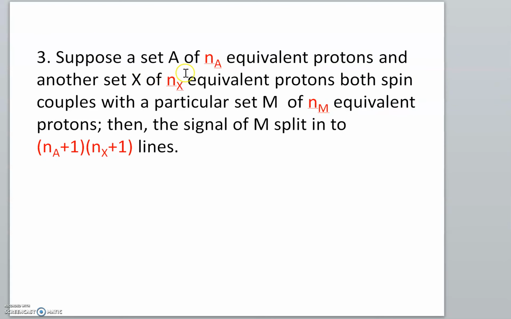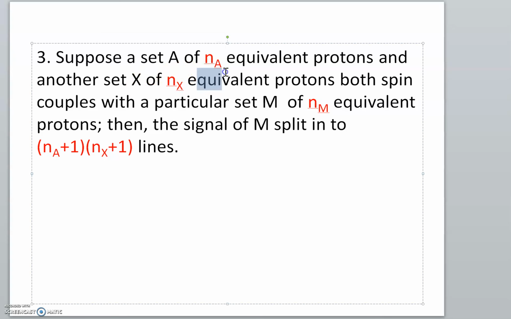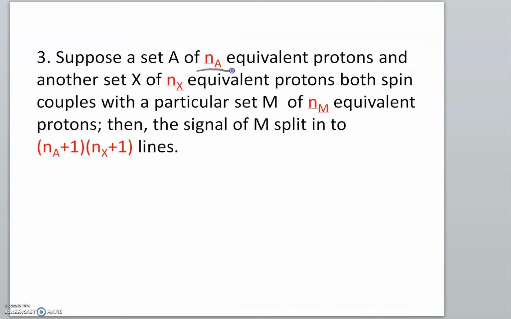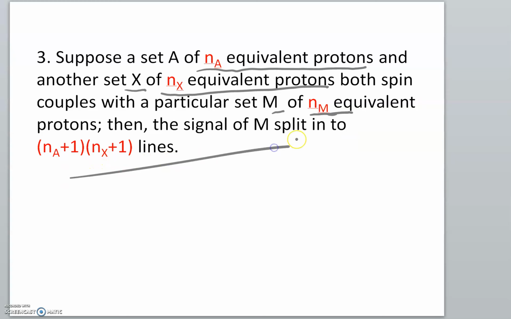Suppose a set A of Na equivalent protons, and another set X having Nx equivalent protons, both spin couple with a particular set M of Nm equivalent protons, then the signal of M splits into (Na+1) times (Nx+1). Let us consider an example, a very simple example. We already discussed CH3CH2OH.